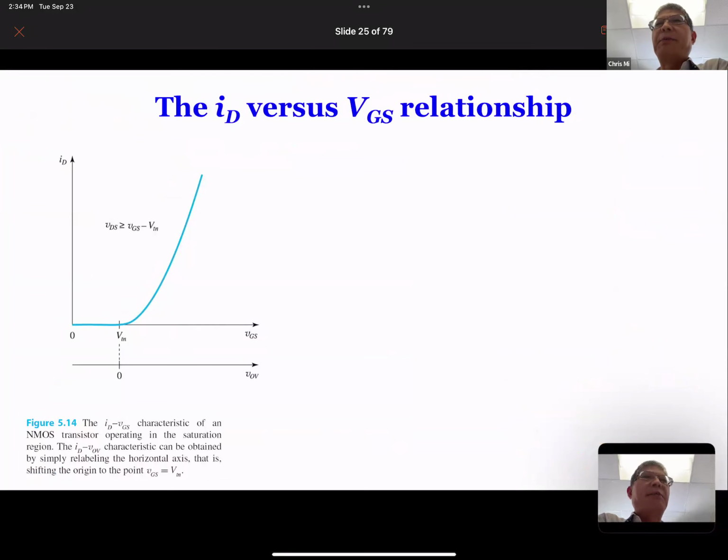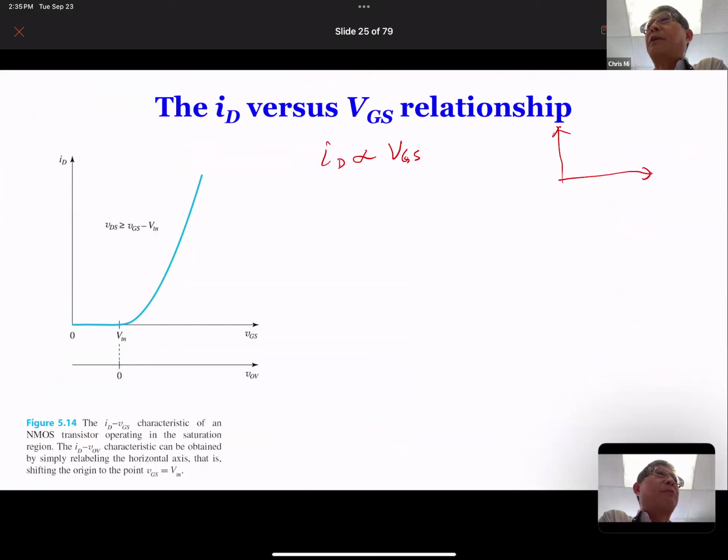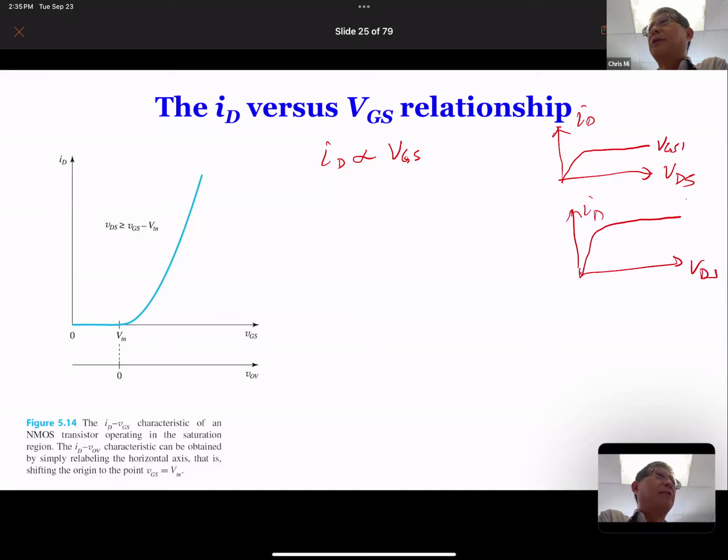Now, on this diagram, we basically replotted ID as a function of VGS. Instead of the previous slide, where we showed the curve of ID as a function of VDS for a single VGS, you can also plot another one for another VGS.